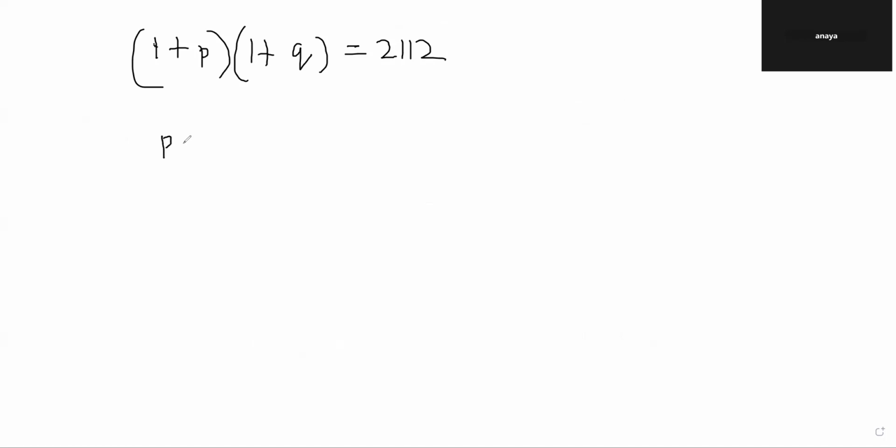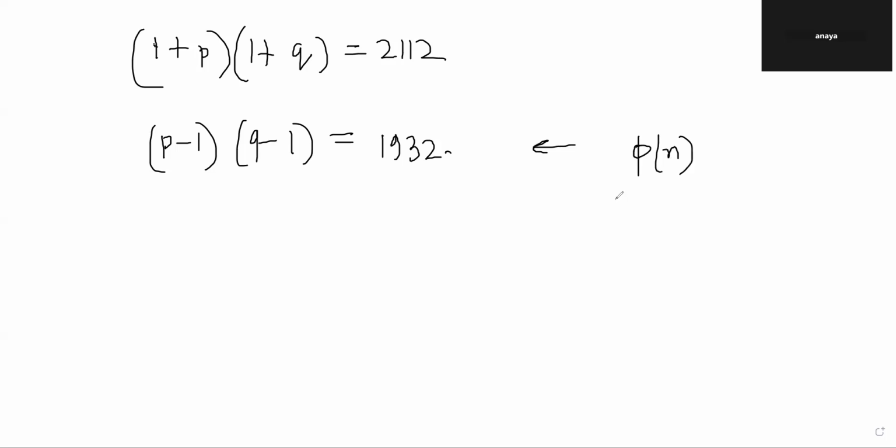And we now also have p minus 1 into q minus 1 is 1932. This is phi of n, numbers less than n but relatively prime to n.